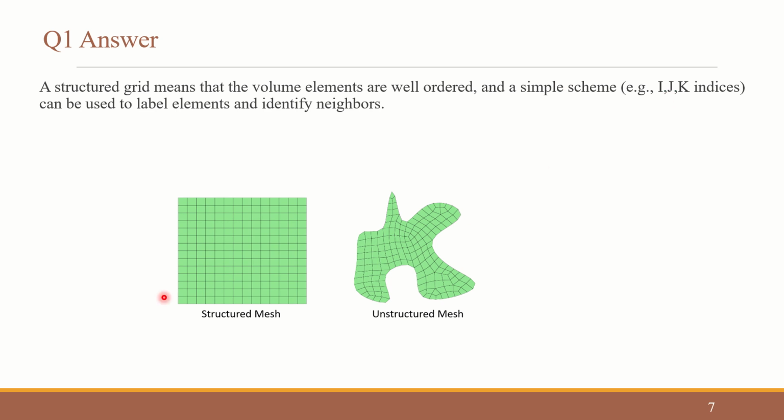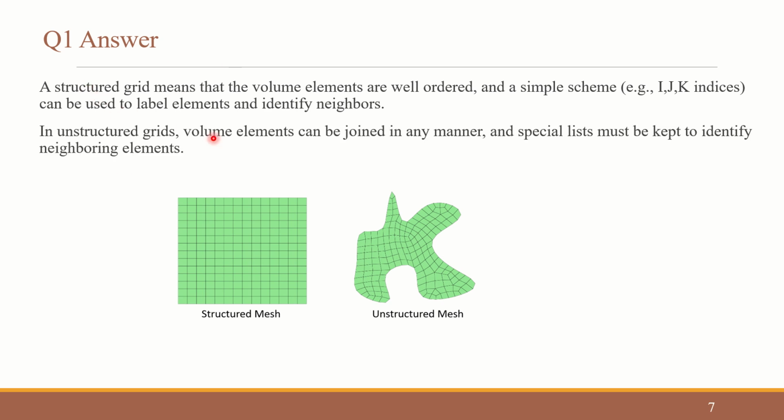An example is IJK indices. I mentioned I equal to 1, I equal to 2, I equal to 3. Similarly J equal to 1, J equal to 2, J equal to 3. That simple scheme can be used to label elements and identify their neighbors. It need not be I equal to 1; it could be x equal to x plus I times delta x. So some form of structure we will have, and that is what is given over here in a structured grid.